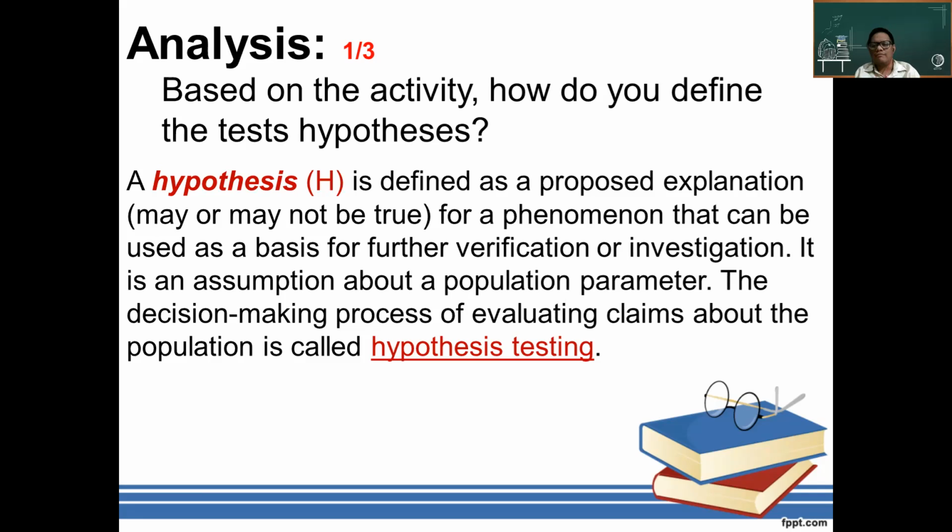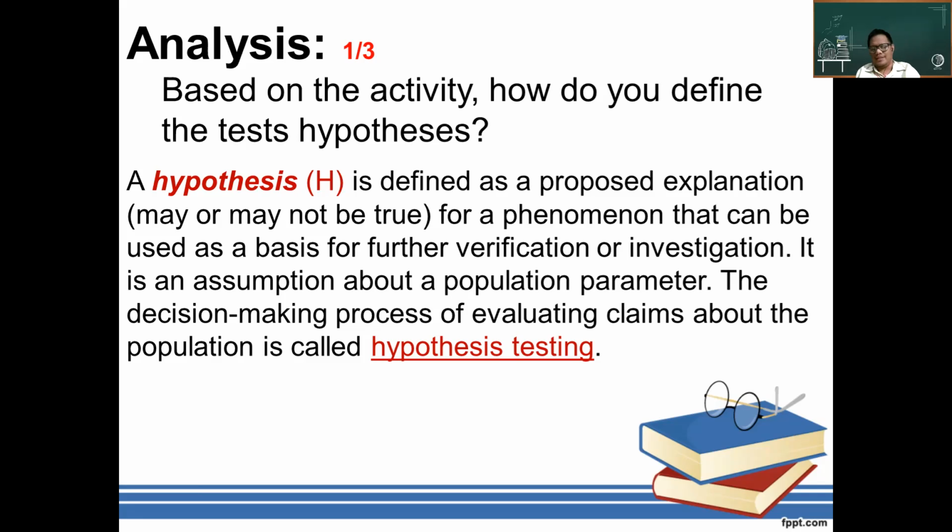Again, you need to verify or investigate in order to find the real thing. It is an assumption about a population parameter. And the decision-making process of evaluating claims about the population is called hypothesis testing or test hypothesis.